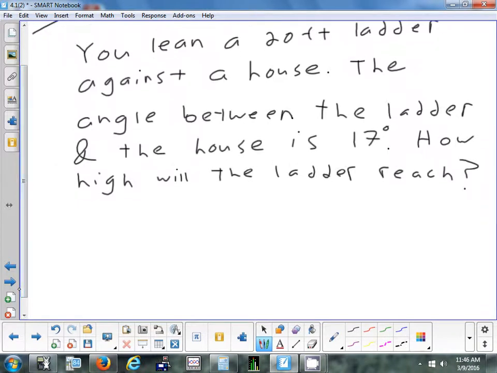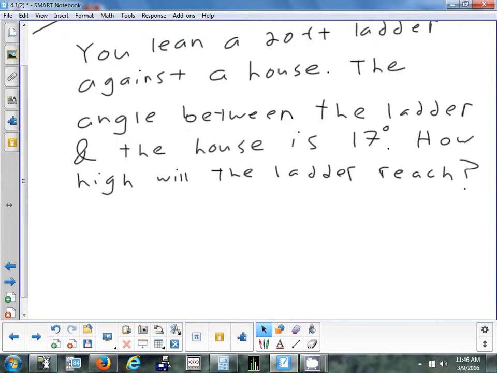Right, so let's make a sketch. Okay, based on what's written in the word problem, what's one thing I definitely want to draw in my sketch? Yeah? A ladder. Okay, I need a ladder. Before I even have a ladder, it needs to lean against something. Like a wall, or a house. I guess the house. Or, yeah, the house.